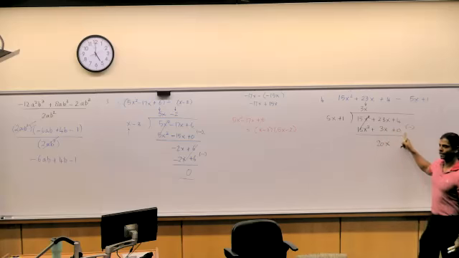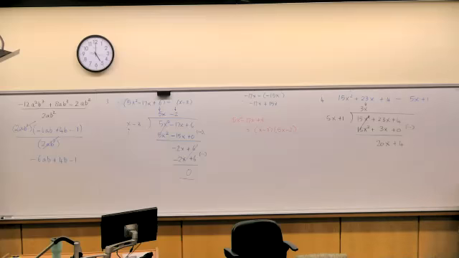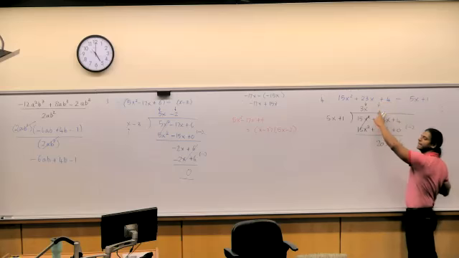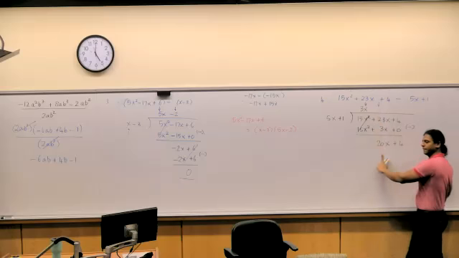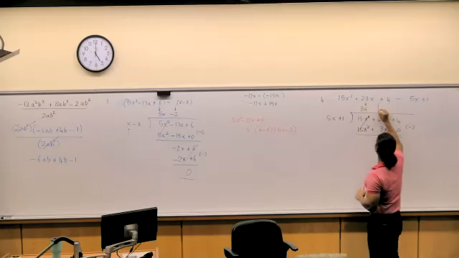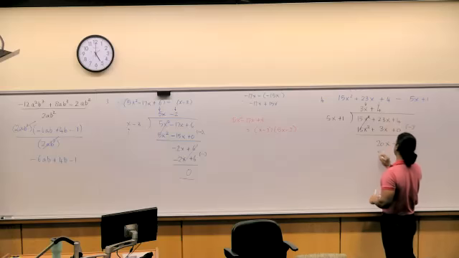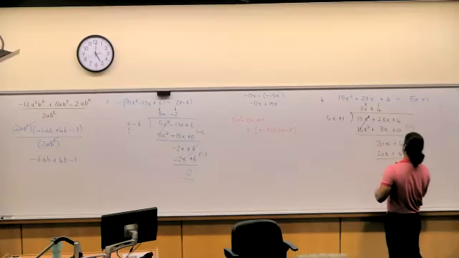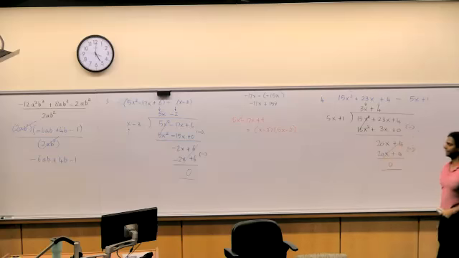I just have 0 there. 4 minus 0, I get 4. I've got to come up with a number or an expression here so that when I multiply 5x by that term, I get 20x. So what should go up there? 4. So 5x times 4, 20x. 1 times 4, 4. They are the same term, so if I subtract, I'll get 0.